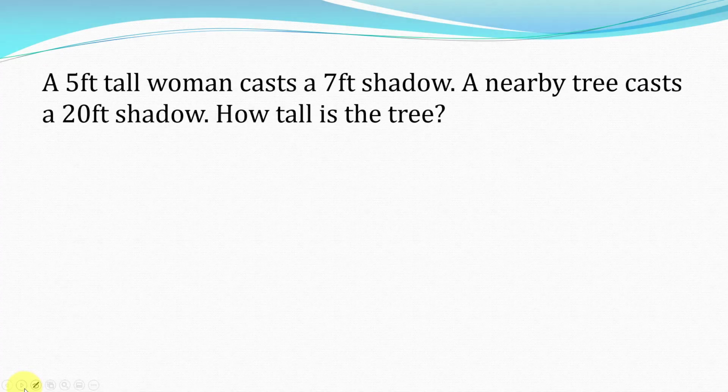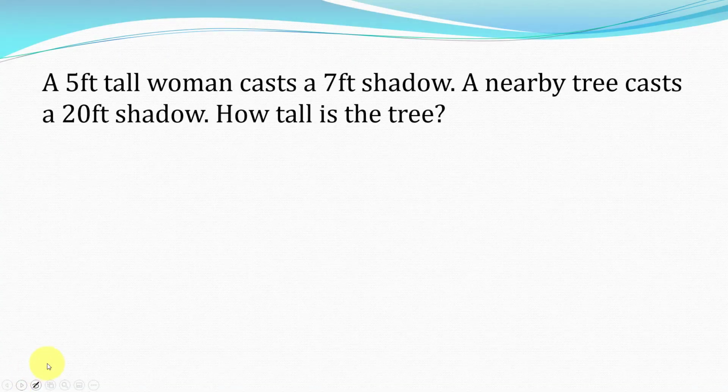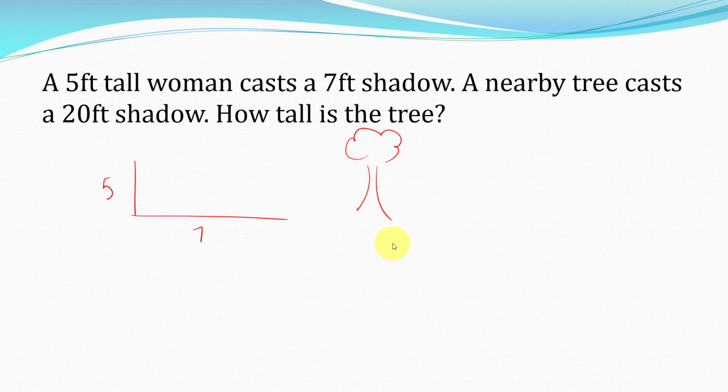Okay, so again, I don't have a picture there, so let's set this up. We've got a 5-foot tall woman casting a 7-foot shadow, and then a nearby tree casting a 20-foot shadow. How tall is the tree?